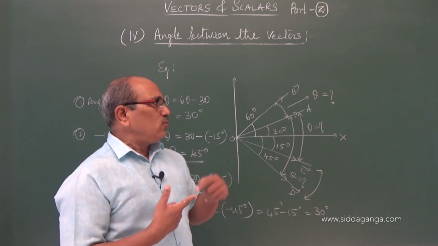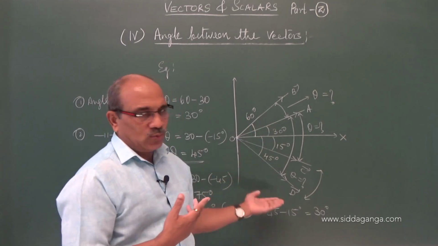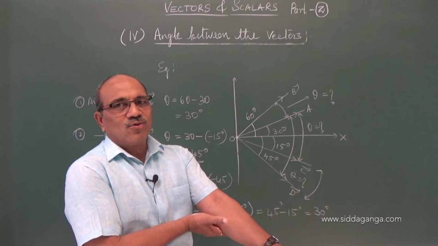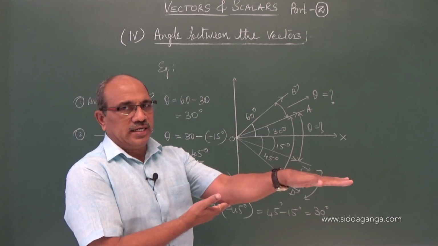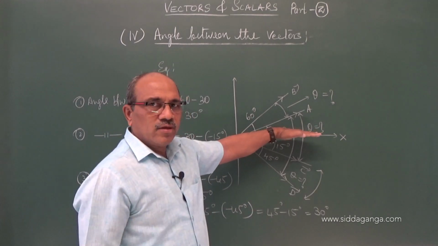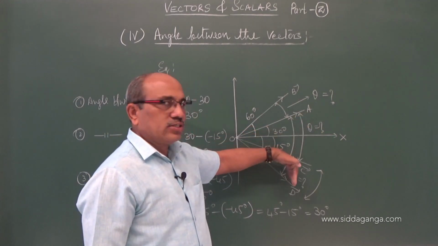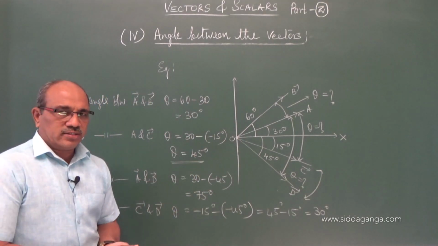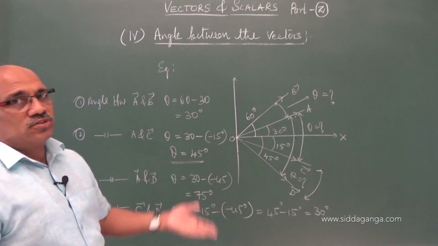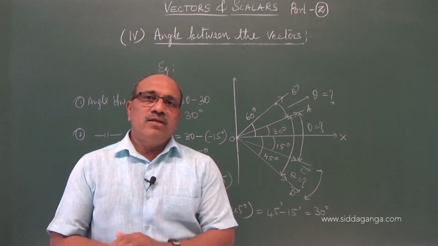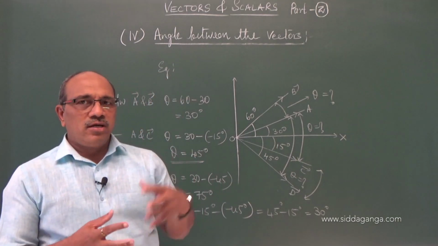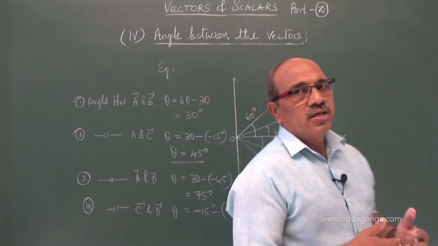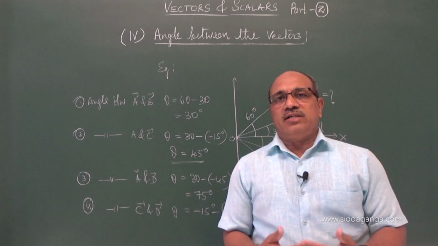And I also gave you the plus or minus sign: if it is moving anti-clockwise, plus, and taking clockwise, minus, from the reference line, if you have a reference line, and how the measurement of angle is possible between the vectors. I hope you have followed this fourth one, which is again the introductory part I have taken. With this knowledge, I am coming towards the various types of vectors.